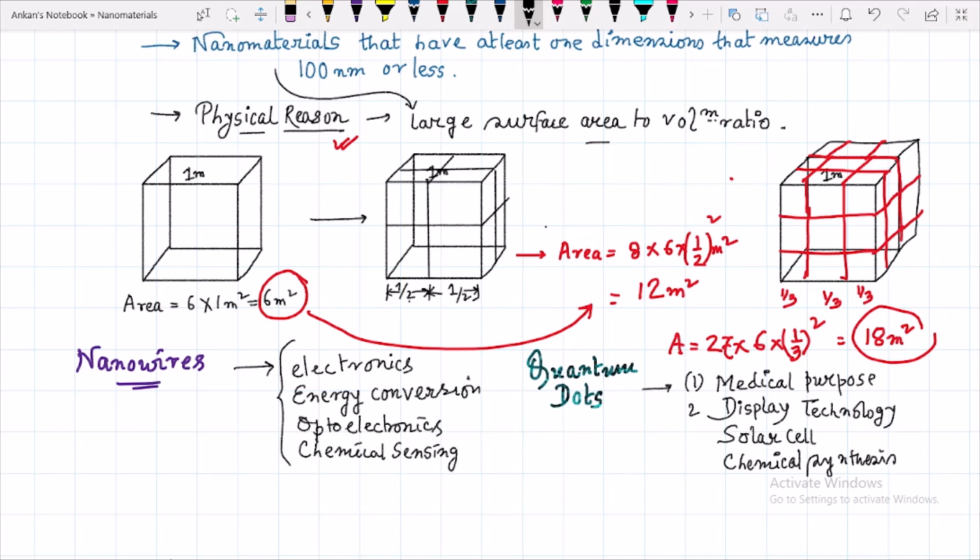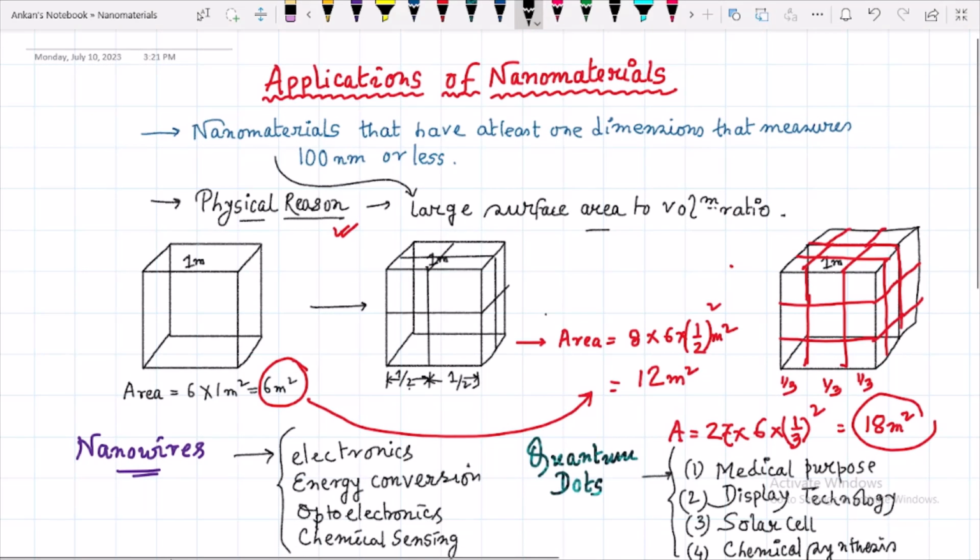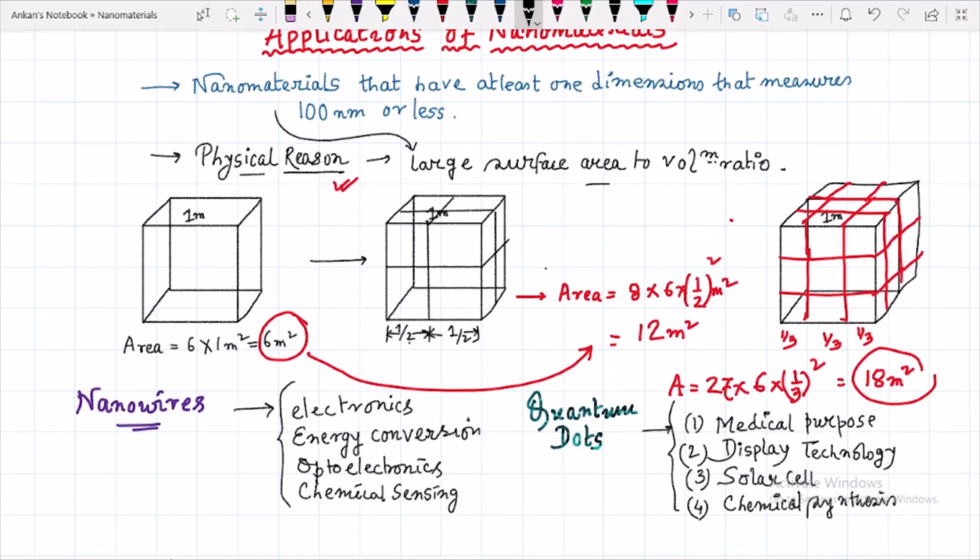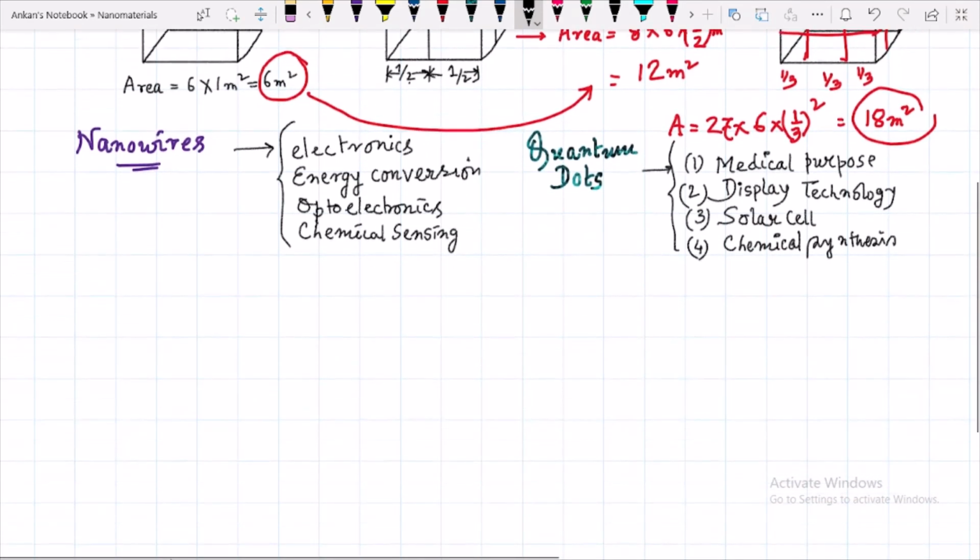We will discuss later in great detail. This is a little point of view about the different applications in short form. So these are two important nanomaterials that are used in a very large amount in recent times. Let us separate out each application very effectively.